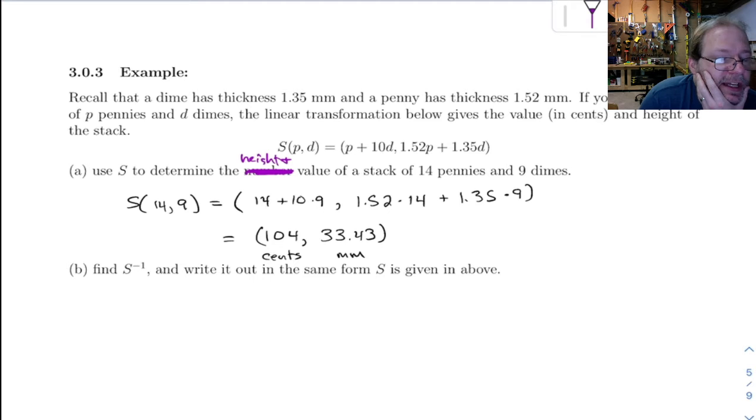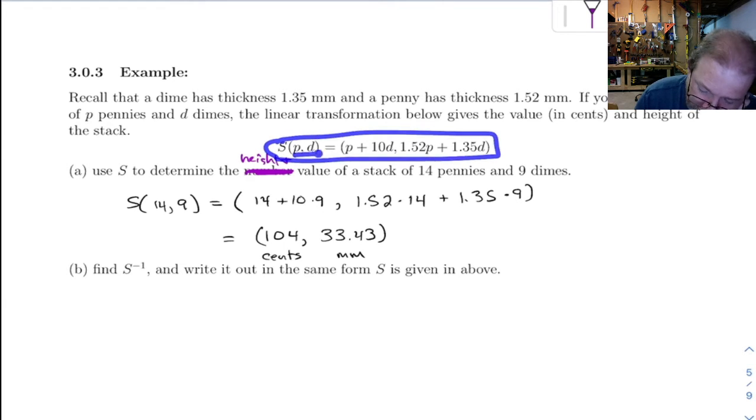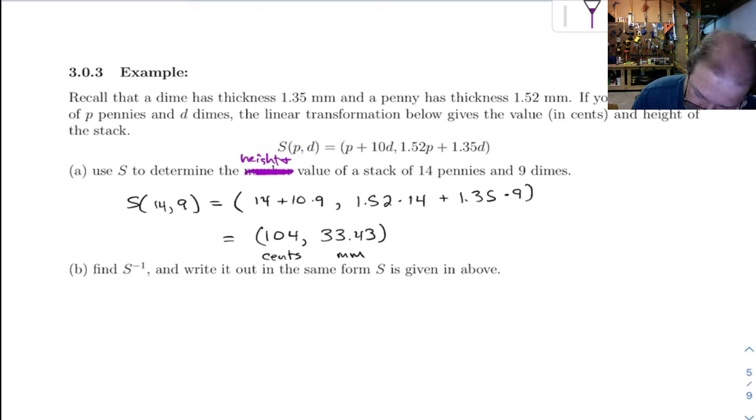Second one says find the inverse and write it out in the same form as S is given above. So in other words, find the inverse of this linear transformation and then write it back out in this form. All right, so S inverse. Well, let's see, S has the matrix, let's call it A. And that's going to be 1, 10, then 1.52, 1.35.